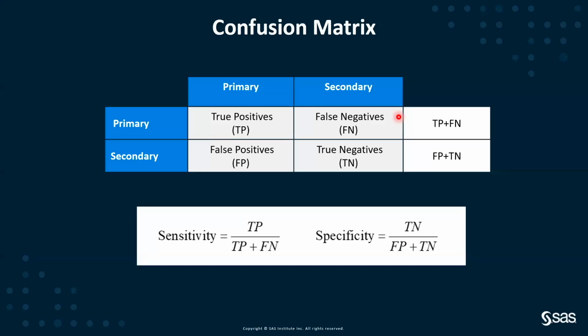For example, sensitivity is nothing but true positives divided by TP plus FN, and specificity is your true negative proportion with respect to FP plus TN. The highest value for sensitivity and specificity is one, which is the idealistic or mathematically possible high value. So closer to one is good.